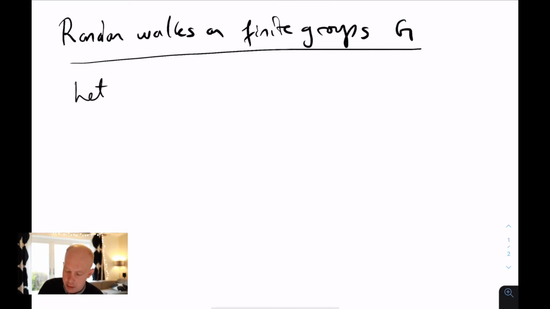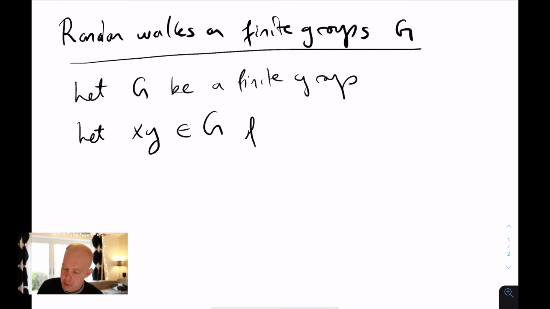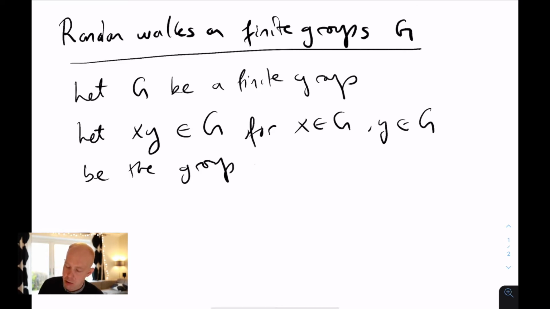Let G be a finite group, and let's assume that there is some group operation there, which I don't want to write, so I'm writing it in terms of a multiplicative operation. Let xy in G, for x in G and y in G, be the group operation.